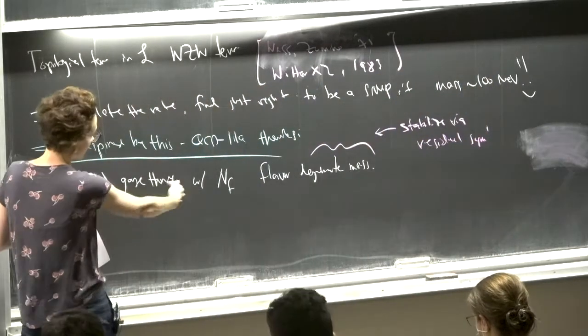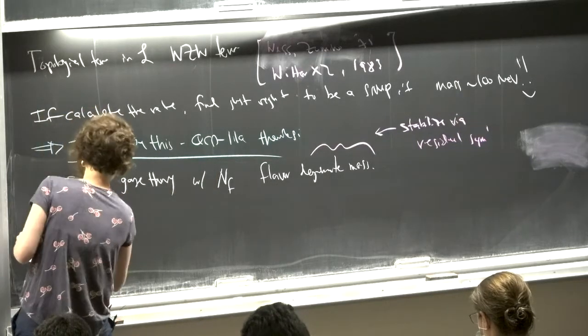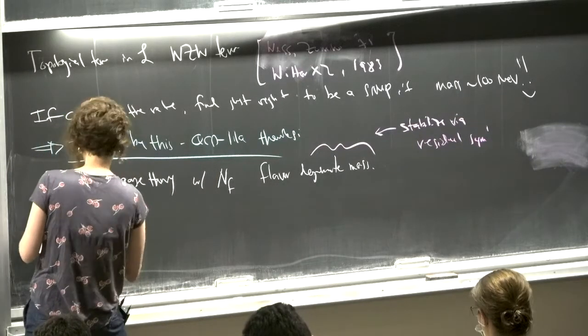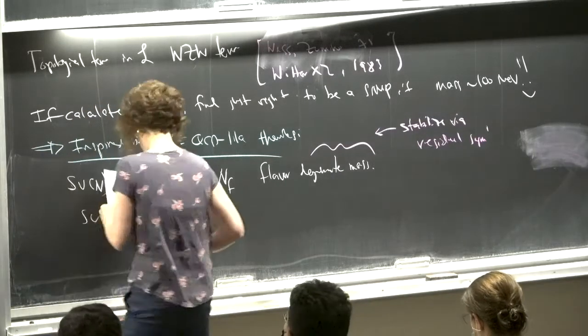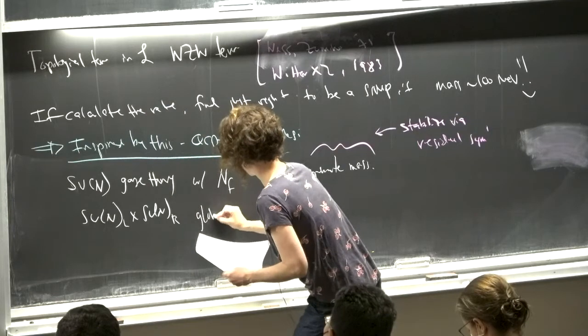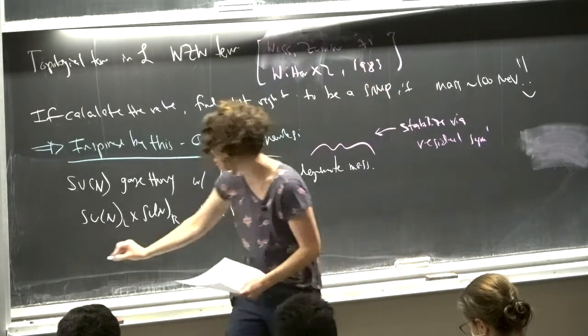Okay, so I have this gauge theory with NF flavors of degenerate mass, and if you write down the Lagrangian for this, much like in QCD itself, you'll see that you have an SU(NF) left cross SU(NF) right global symmetry. Okay, and then chiral symmetry breaking occurs.